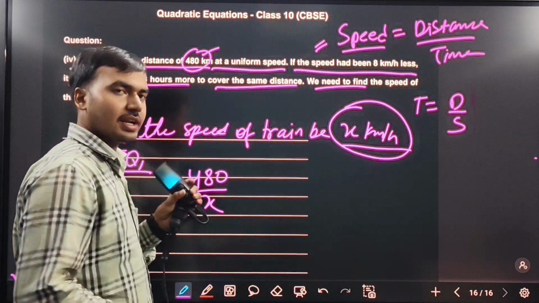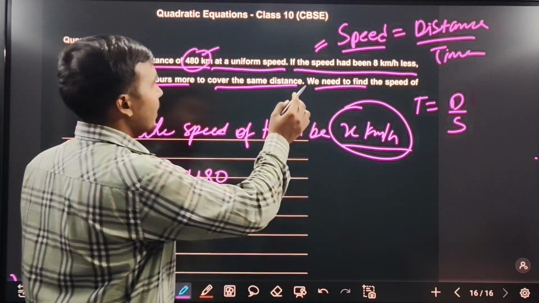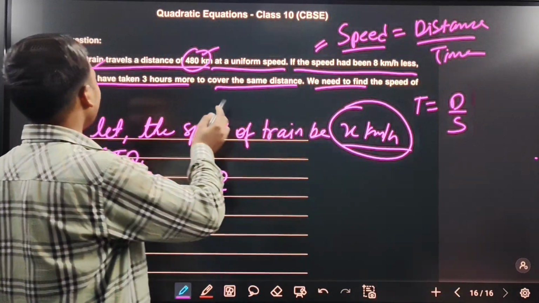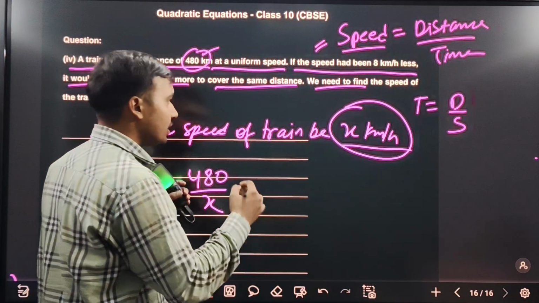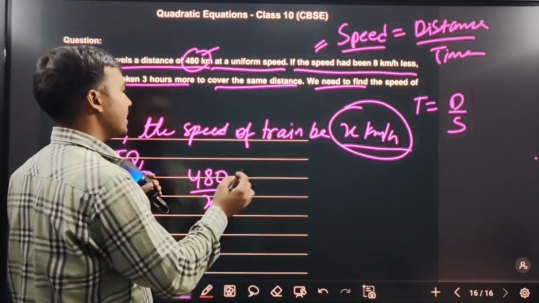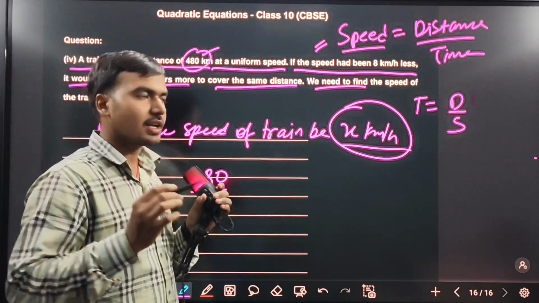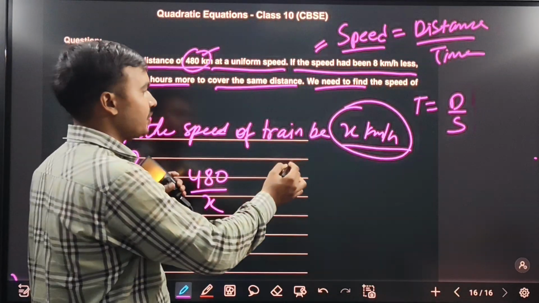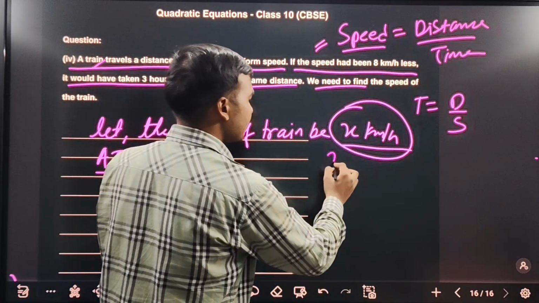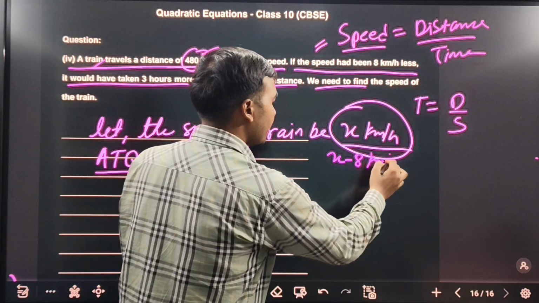And for the second case, the speed is 8 kilometer per hour less. So for the second case, what will be the speed? Speed will be x minus 8 kilometer per hour.